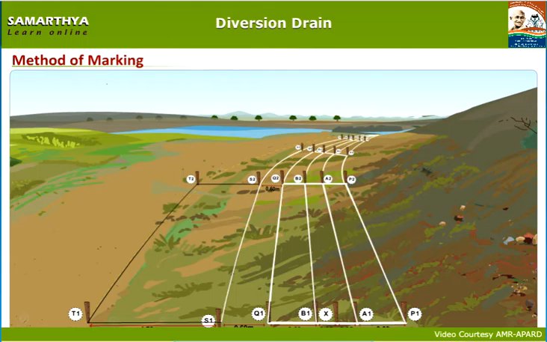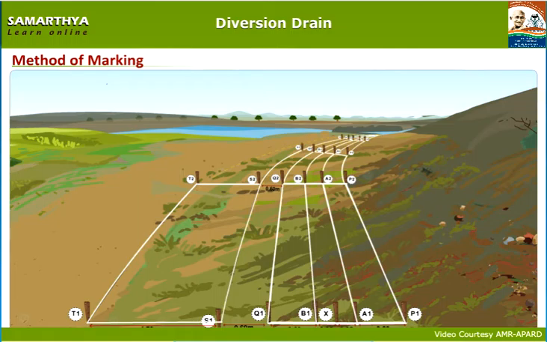Draw a line along S1 and T1 with lime powder. Draw a line along T1 and T2 with lime powder.